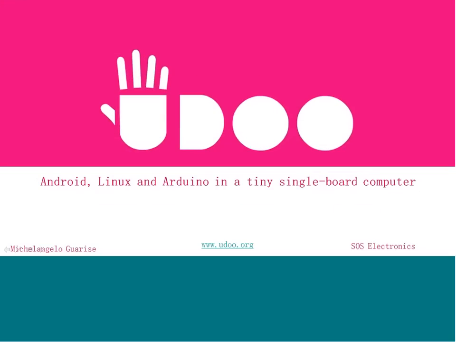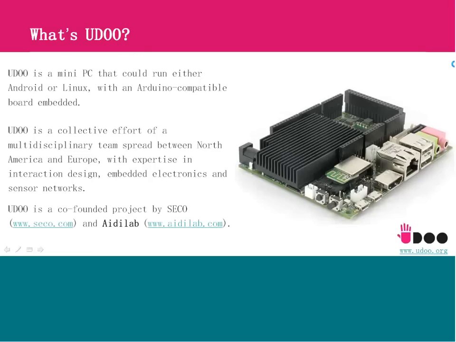Okay. So, first, UDOO. What is UDOO? As you can see from the title, Android, Linux, and Arduino in a tiny single board computer. This is what we are talking about. And you can see on the right side our board. The dimensions are really tiny. You can imagine probably 2 credit cards together. This is the size of our board. And what is it?